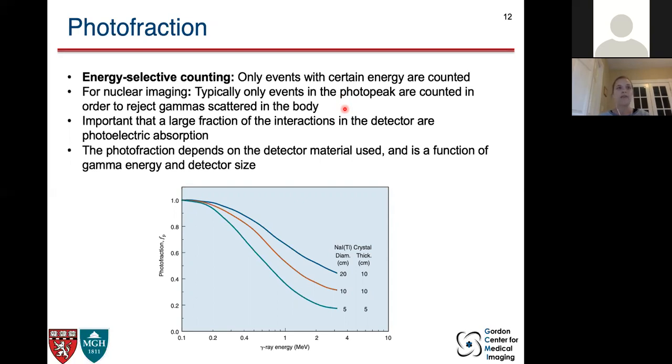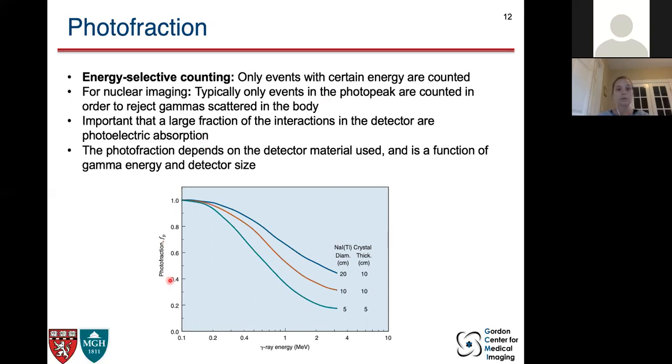Because if we have a high detection efficiency, but only single quantum scatter occurs, then it's not much use, because we can't reject scattered events that are scattered in the body.